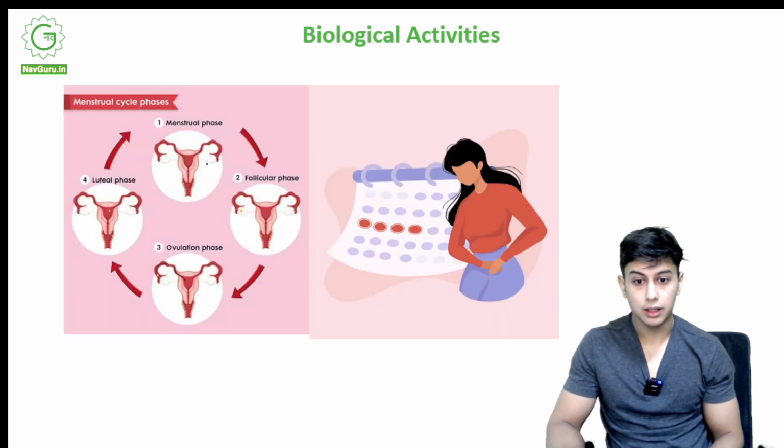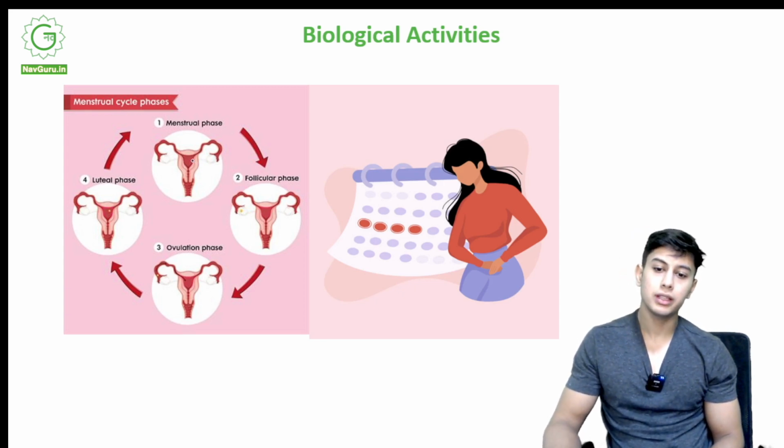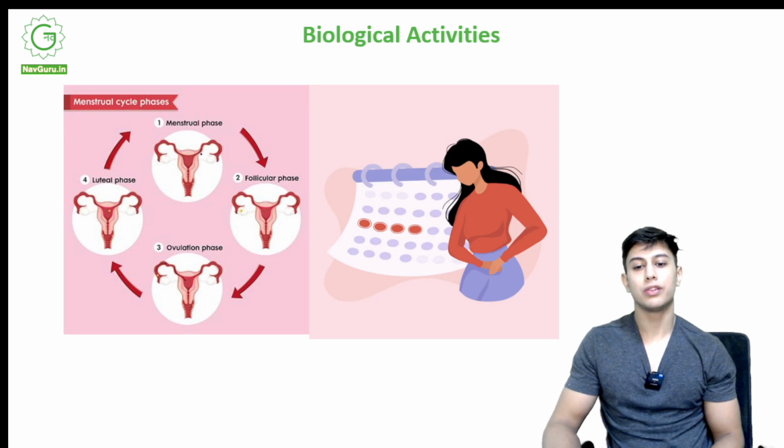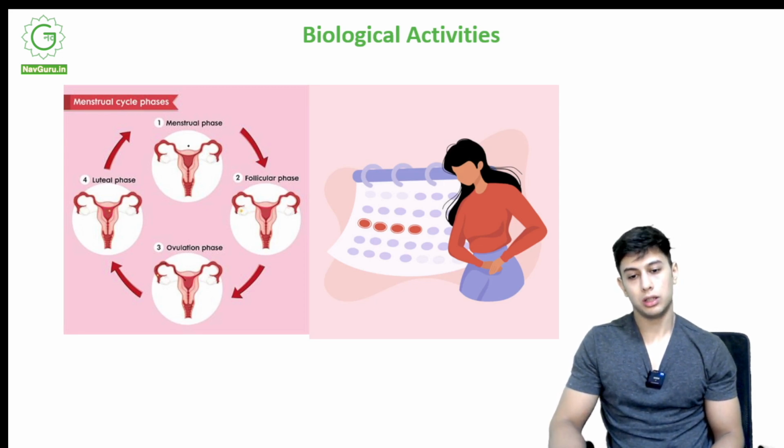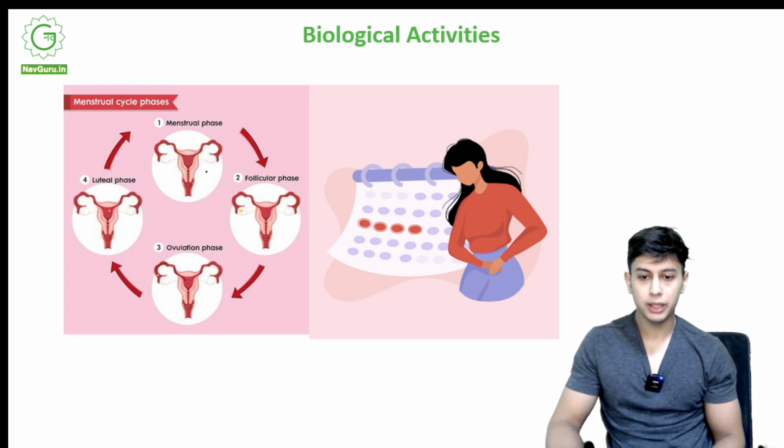Let me show you a menstrual cycle. Every month the reproductive organ of a woman makes itself ready to receive the sperm, and it may not get the sperm. So the lining gets thicker.